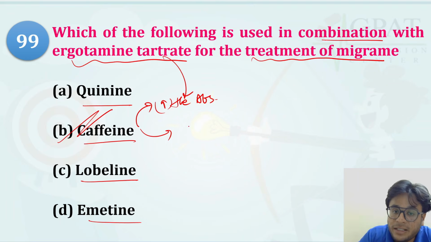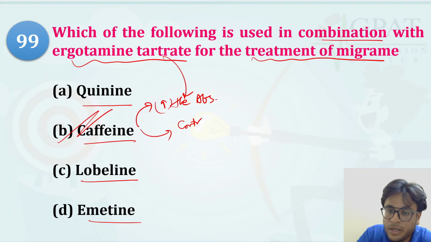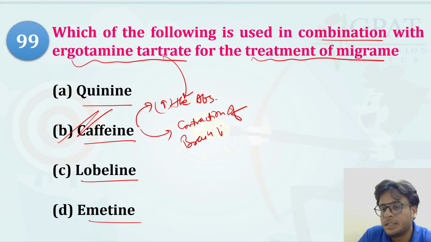And the second thing caffeine produces is the contraction of brain ventricles, which in turn relates to the reduction of migraine itself.